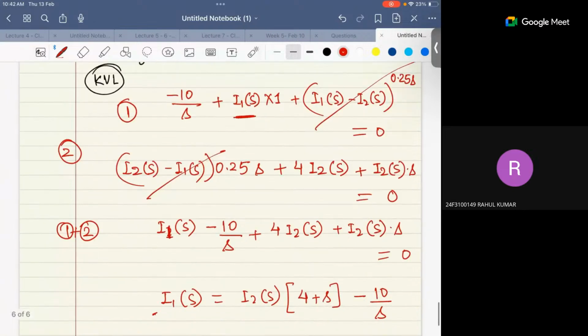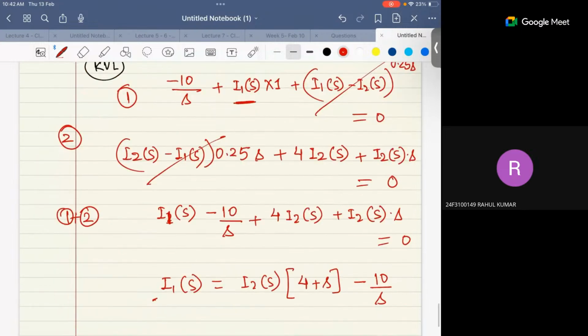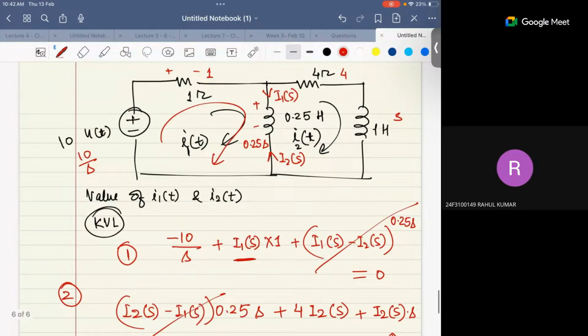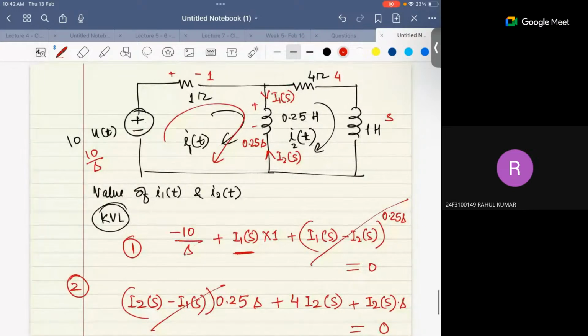Any other method you can think of to calculate? I don't think there's any other method that will be simpler. It'll be a bit calculative only. Even KCL? No, there's only one method.